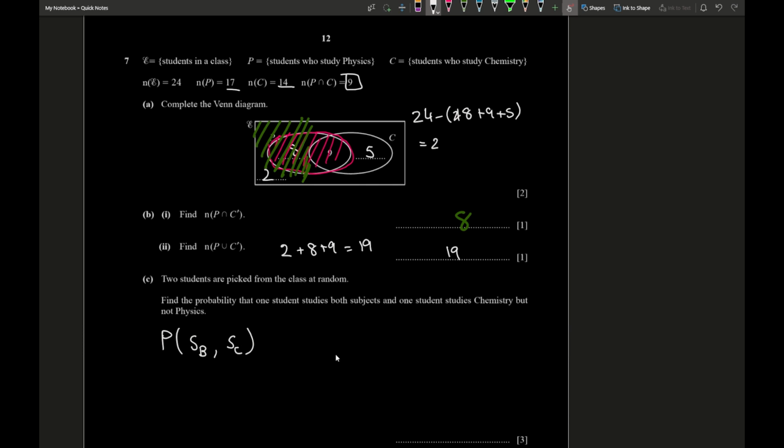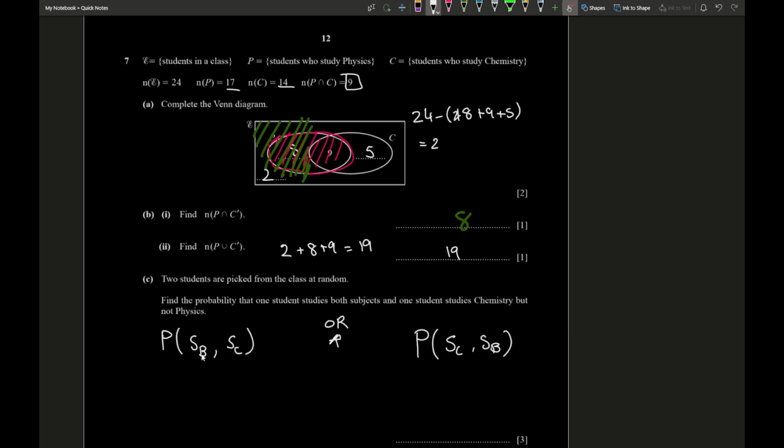The second scenario is that the first student we pick studies chemistry only, and the second student we pick studies both physics and chemistry. We just have to calculate these two probabilities and add them together, or we calculate one of them and then multiply by 2 because they're literally the same probability. So I can just say or right here.